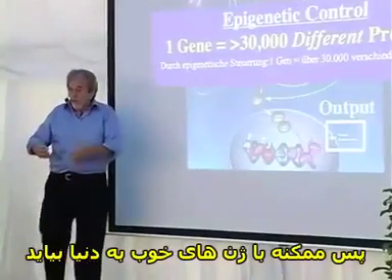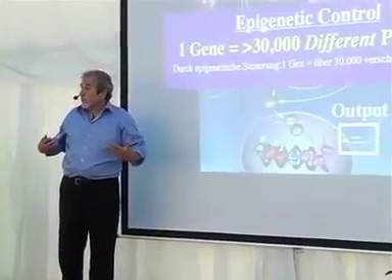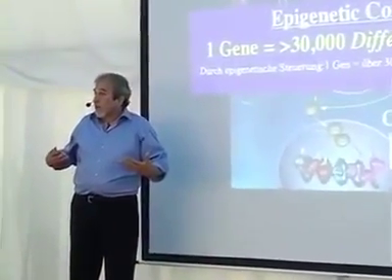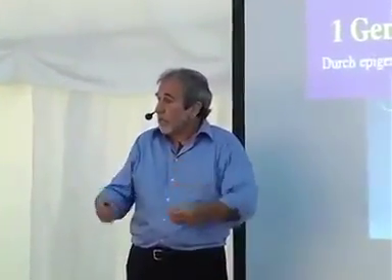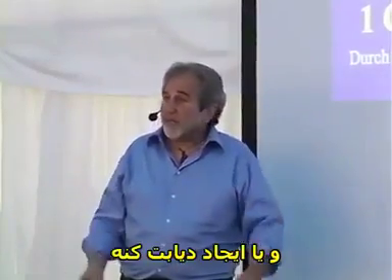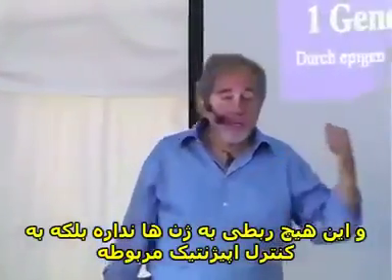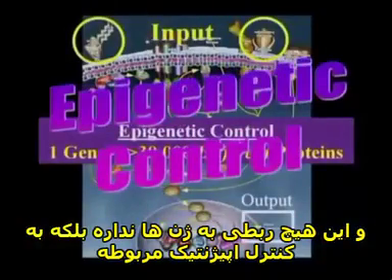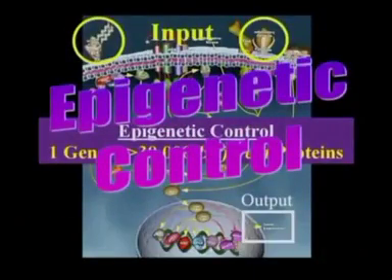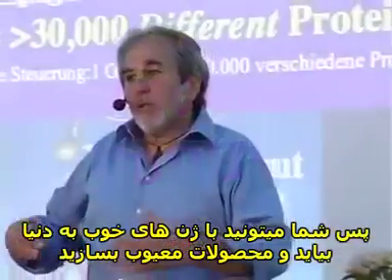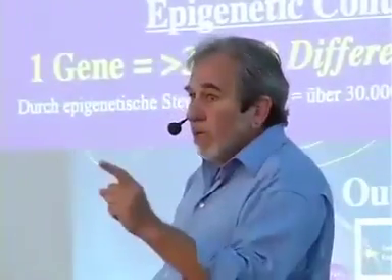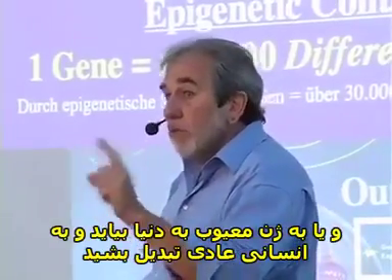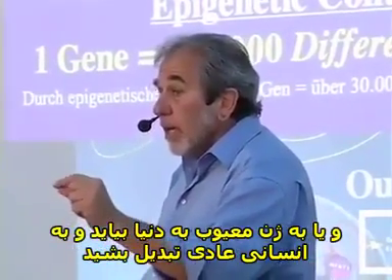So you can come with good genes, and then through epigenetic control create cancer, diabetes, and it has nothing to do with the genes but epigenetic control. So you can come with good genes and make mutant products, or you can come with a mutant gene and become normal.